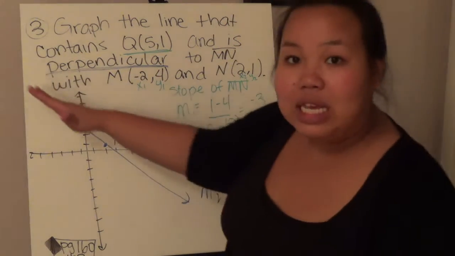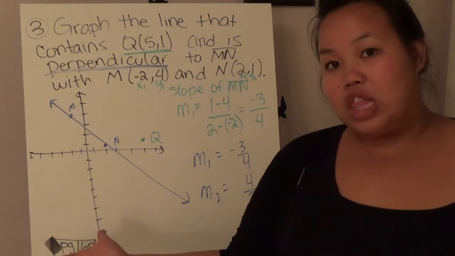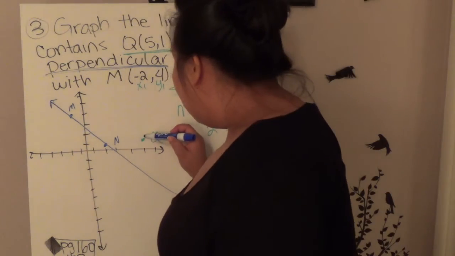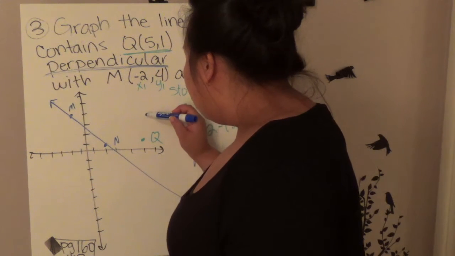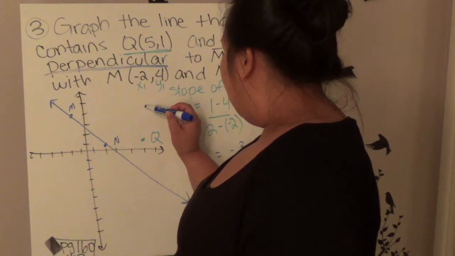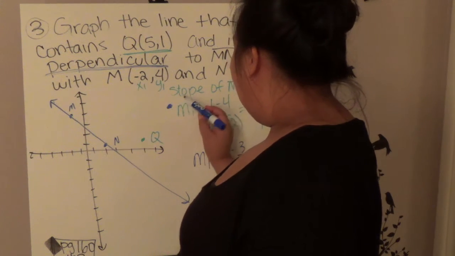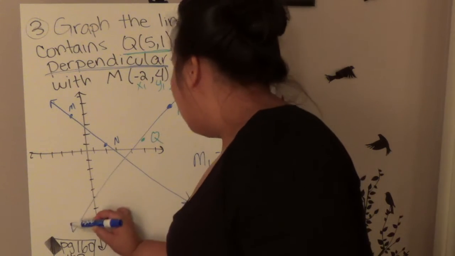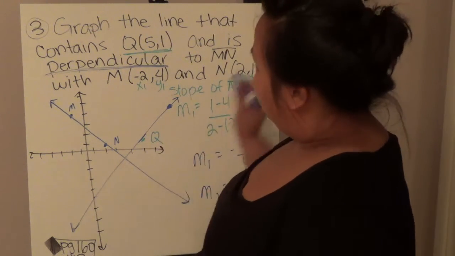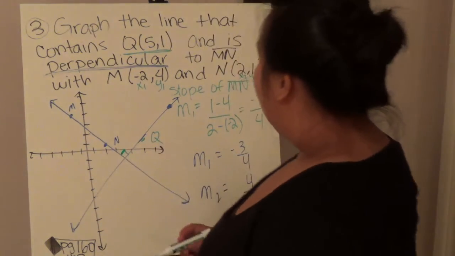Because this is at a decline, so in order for me to intersect it, it has to go the opposite direction. So this means I'm going to go up 4, 1, 2, 3, 4, over 3, 1, 2, 3. Okay? So after I get those 2 points, I'm going to cross it, and that gives me a 90-degree angle.